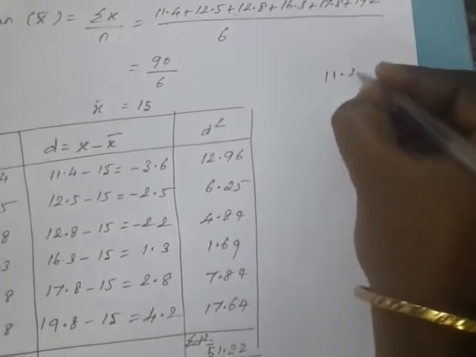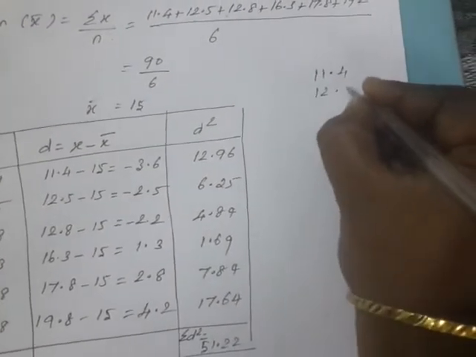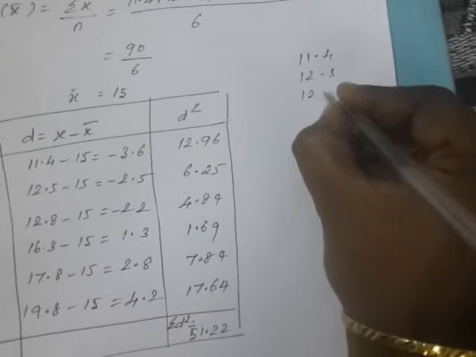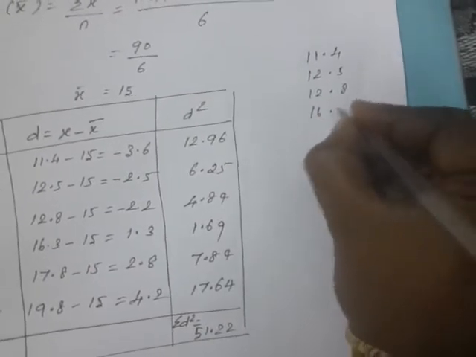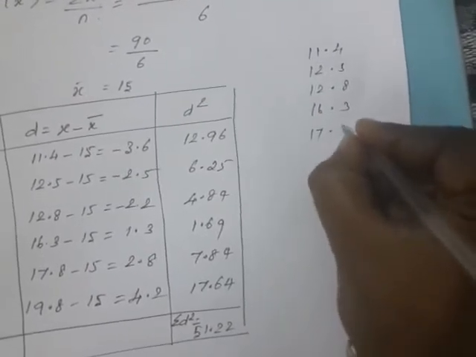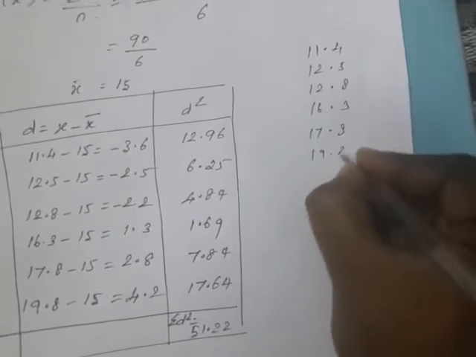You have to add all those values: 11.4, 12.5, 12.8, 16.3, 17.8, 19.2.